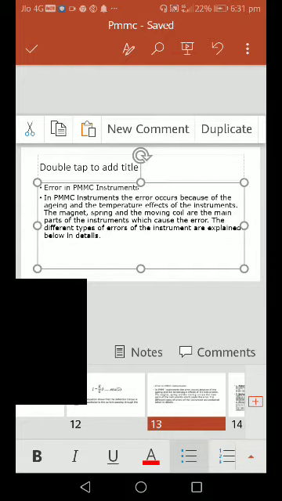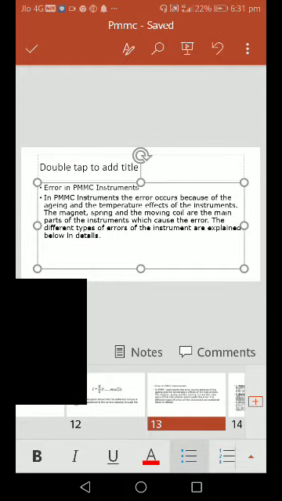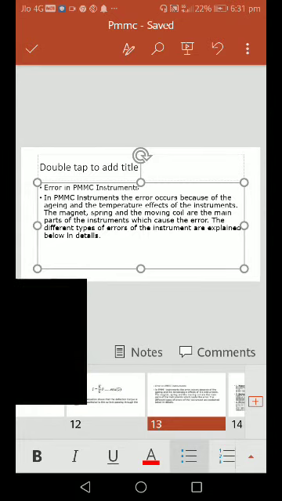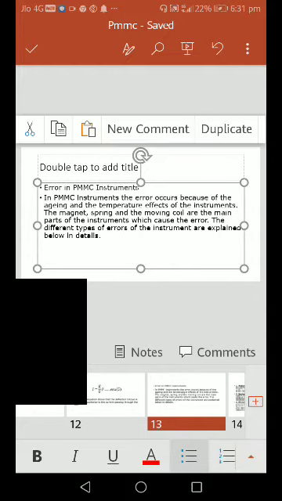The permanent magnet, spring, and moving coil are the main parts of the instrument which cause the error. The different types of errors of the instrument are explained below.